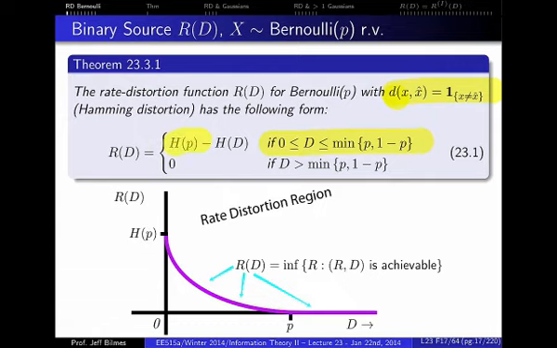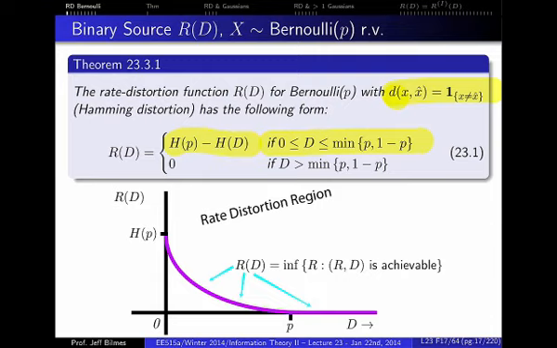So h of p, which is fixed, p is a fixed parameter of the source distribution. D is what we're varying, and what this is going to look like is really this magenta function here. That's how it goes down. It's going to go down until at some point the distortion is going to hit this value p, at which point the rate goes to 0 forever after.